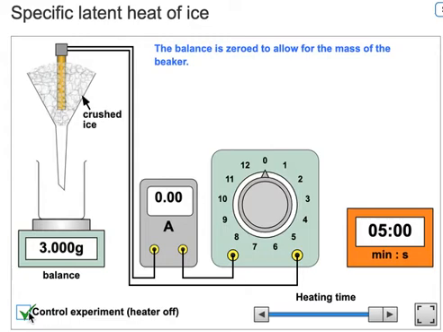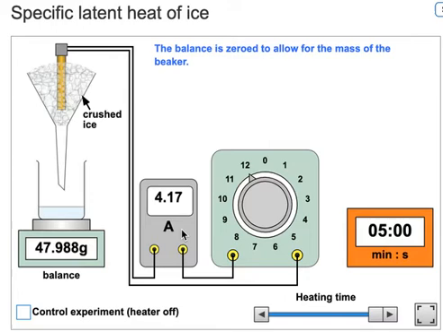Then we're going to turn it back on again, and again measure it for 5 minutes. Now the voltage is 12, so you'd have to write these things down. The voltage, the potential difference, is 12 volts.